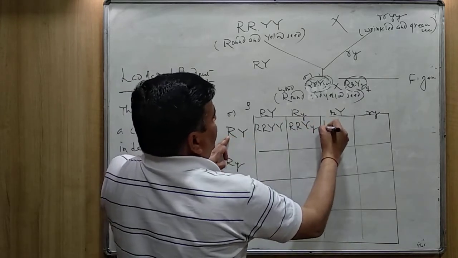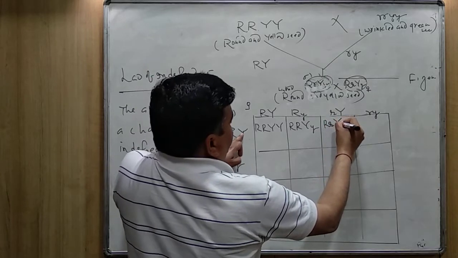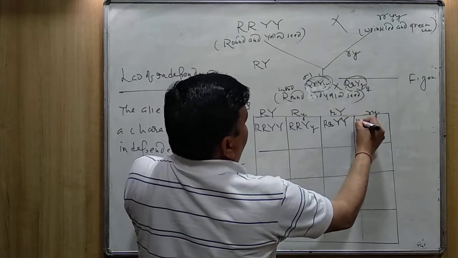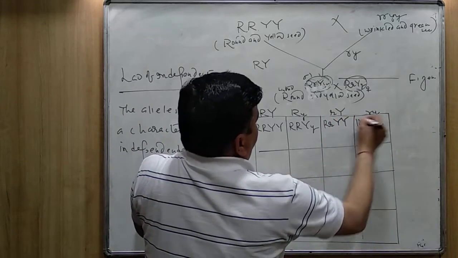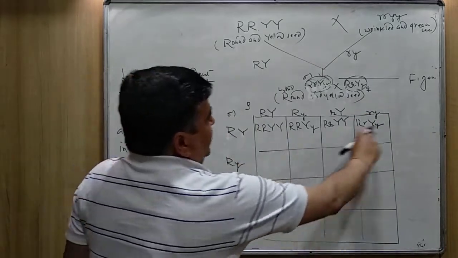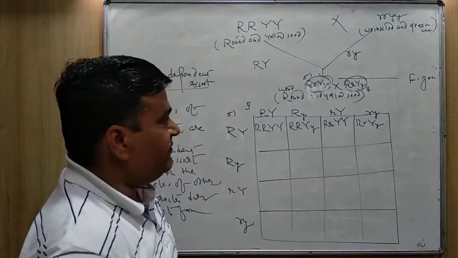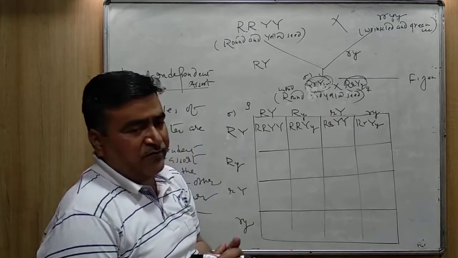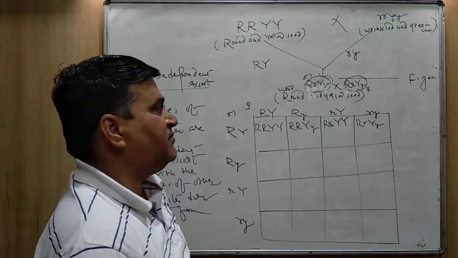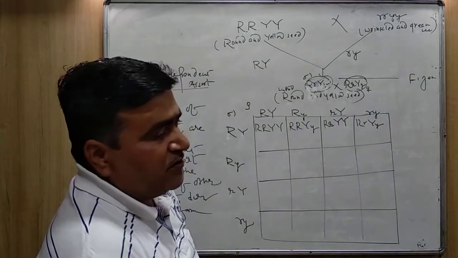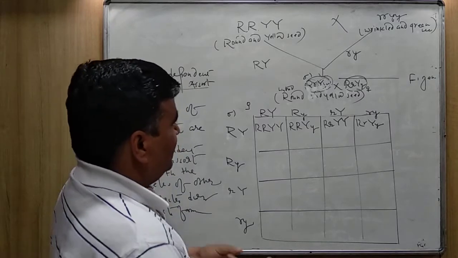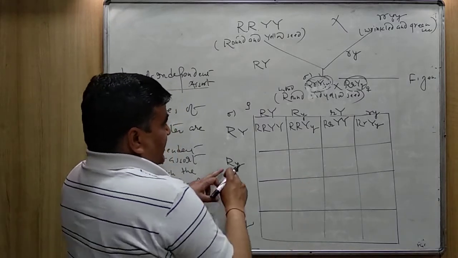Then the third one R, capital Y, R, small r. You are going to make here the offspring for the F2 generation. These are the zygotes, which can produce the seed, and seed can produce the young ones, the offspring of the F2 generation.